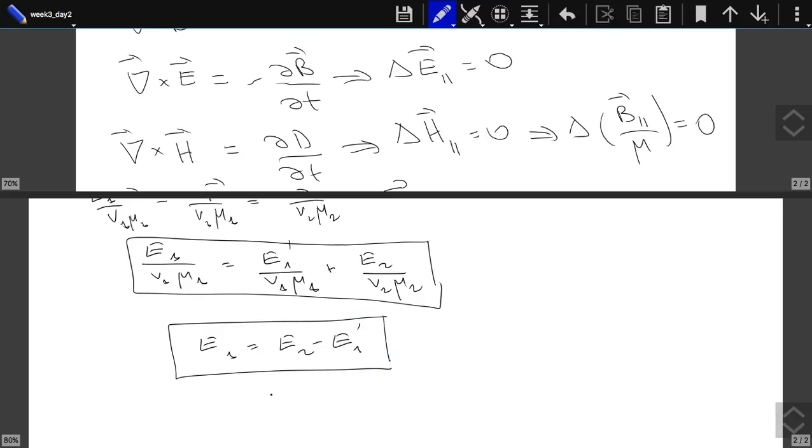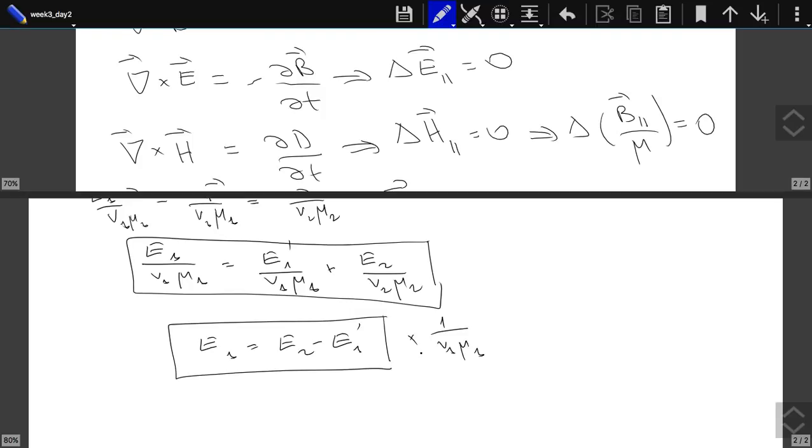These are the two relations relating the unknowns E1 prime and E2 to our known E1. And then what is left is we need to solve those two equations. Well, let's solve them. Let me just multiply the second equation by 1 over V1 mu1 and add them.